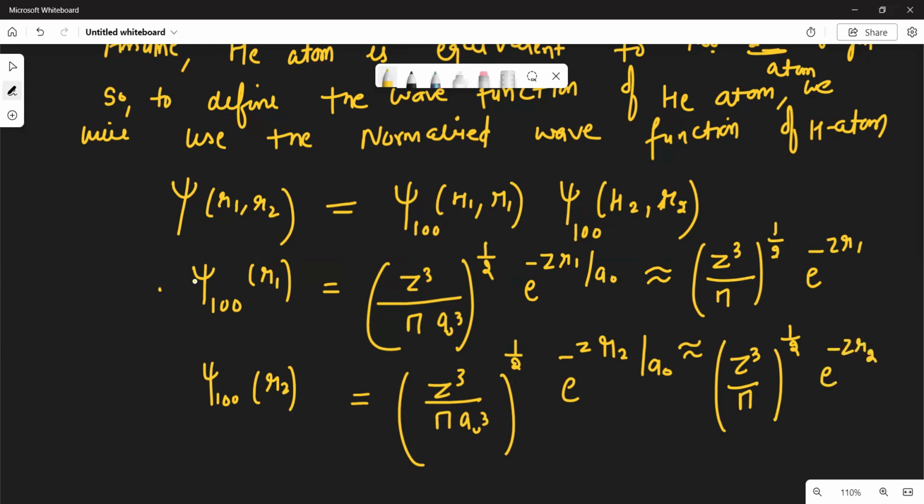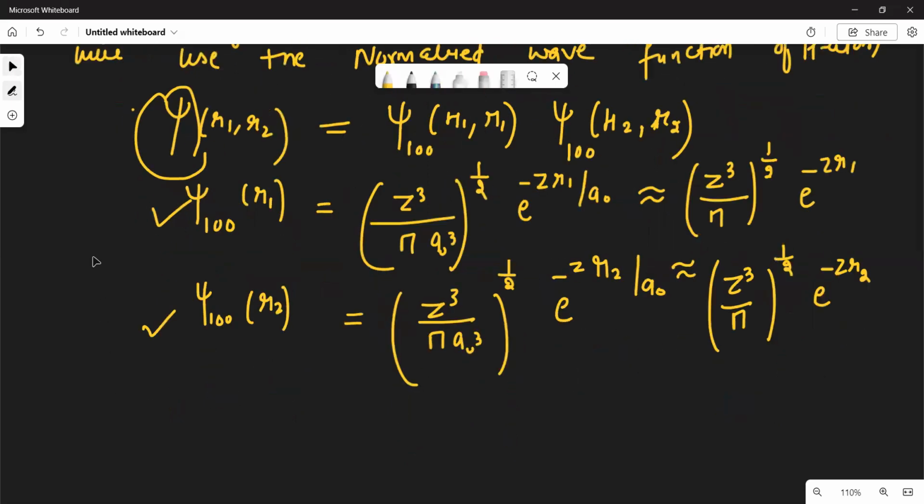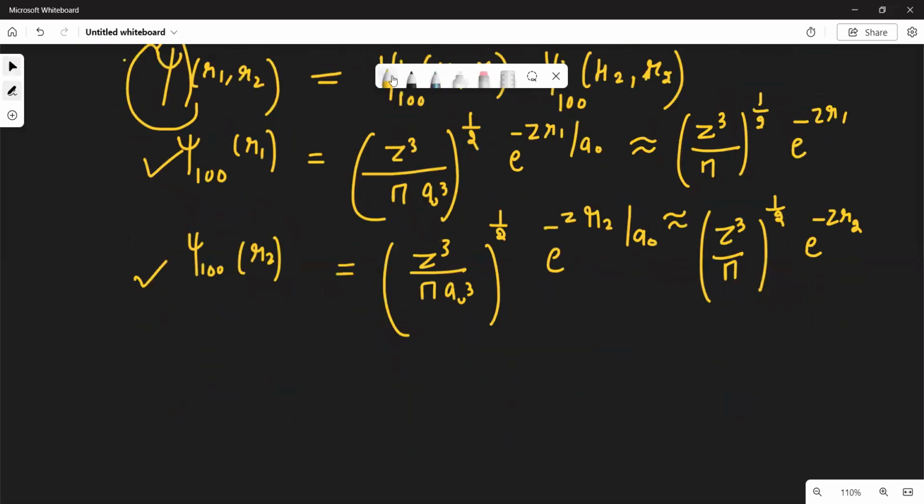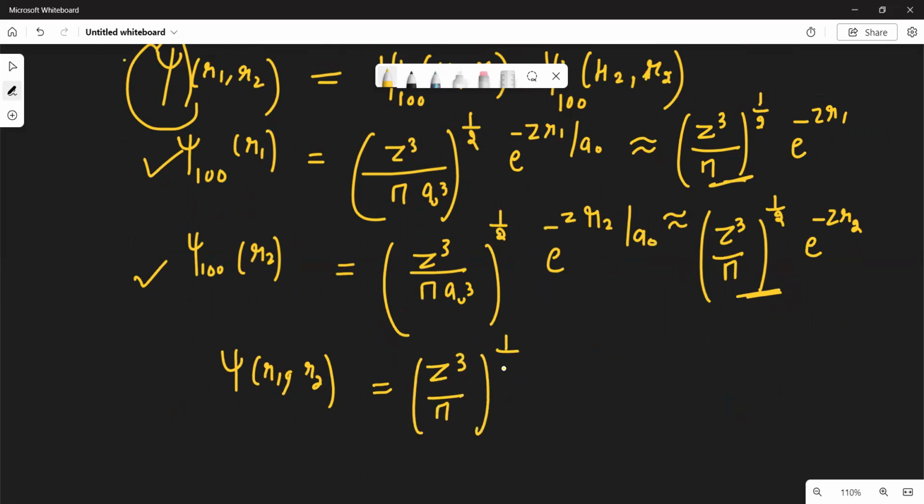Okay. Now we will use these wave functions in this equation. So the wave function for helium atom will be equal to the product of these two, z cube by pi 1 by 2 e raised to power minus z r1 multiply by z cube by pi 1 by 2 e raised to power minus z r2.